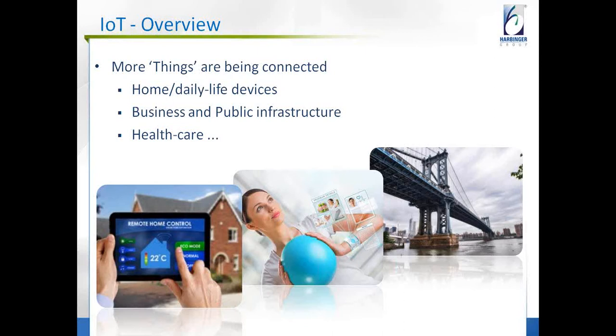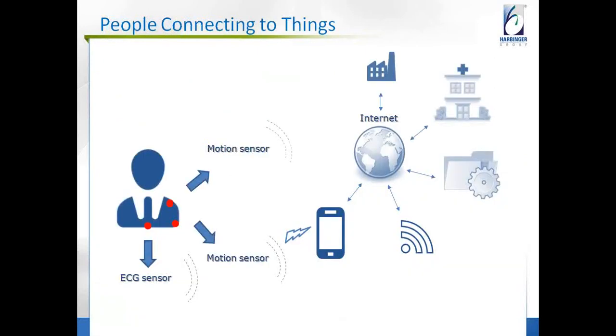So these things are in the form of home or daily life devices, or devices from different business or public infrastructure utilities, or from healthcare and many more domains. This list of domains in which IoT is applicable is long, but in a nutshell, anything that can connect to other things will mostly come under the IoT application umbrella, probably in one or the other means.